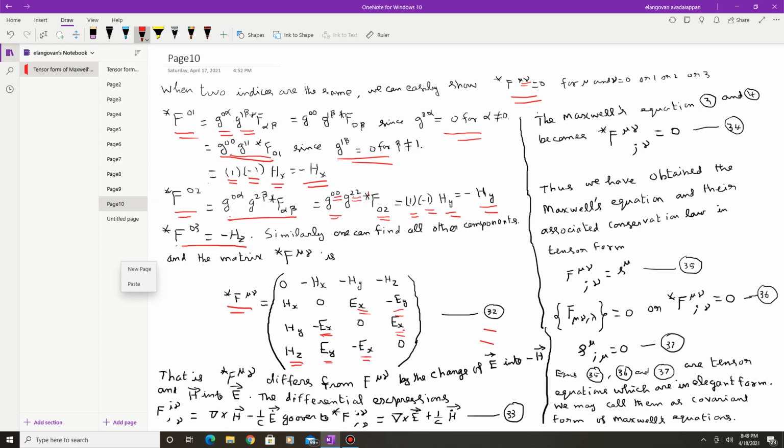Now you compare the two expressions. One is F mu nu that you already determined, and this is the dual matrix.